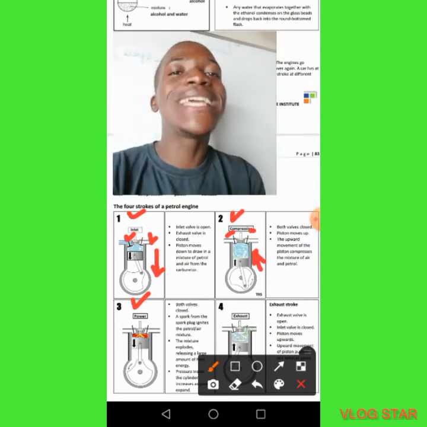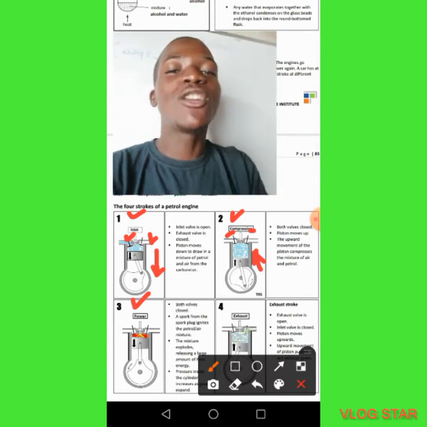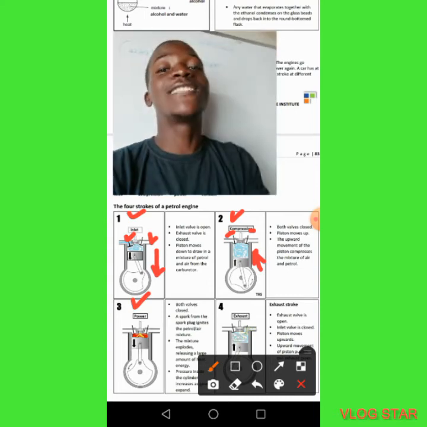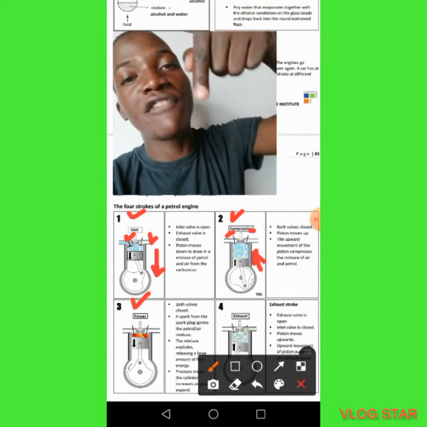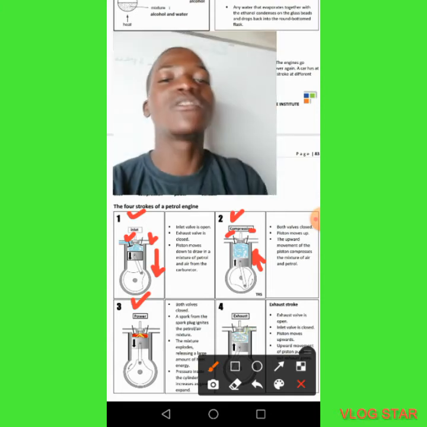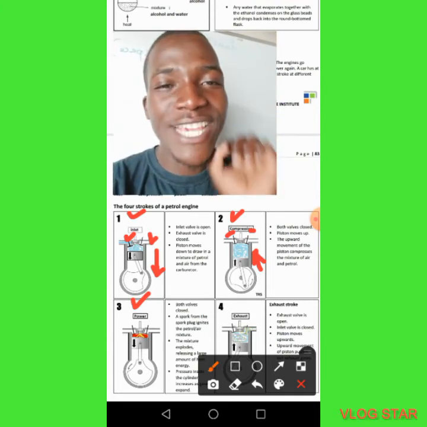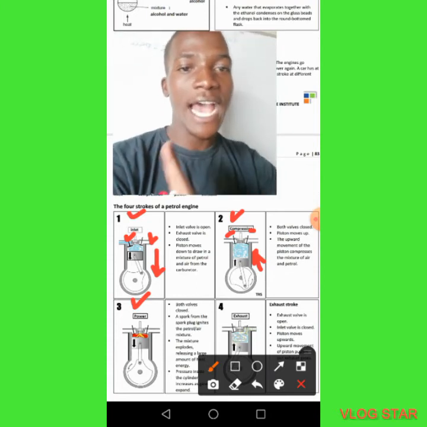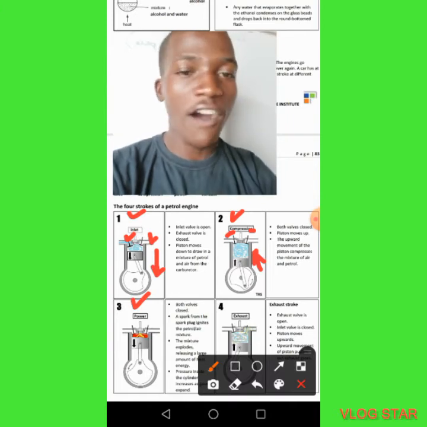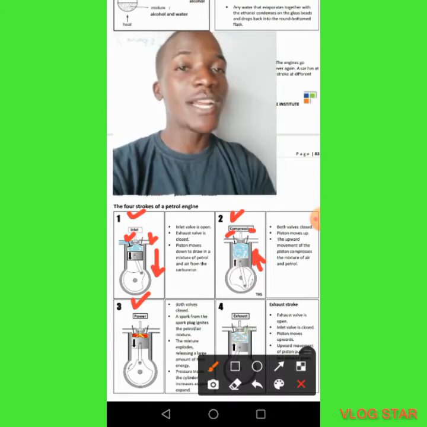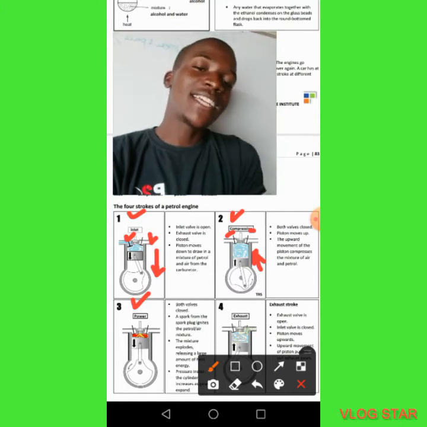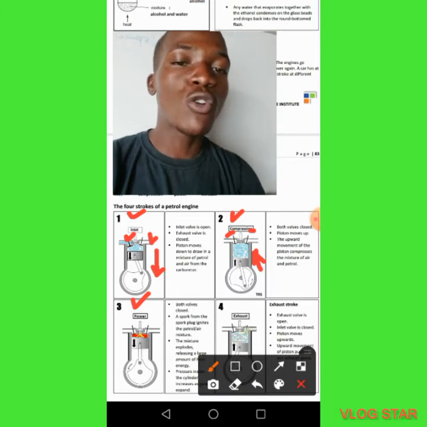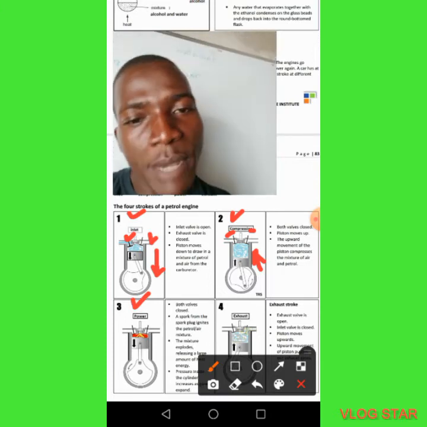But due to the compression and ignition, the power produced forces our piston to move downwards. The power stroke can also be called the ignition stroke. In the ignition stroke, all valves are closed. So we are moving from compression to ignition. What happens at ignition is that our petrol keeps being compressed until it reaches the spark plug.